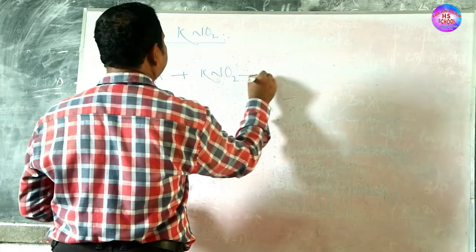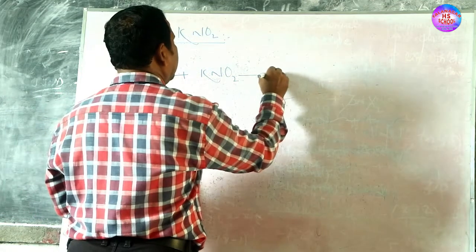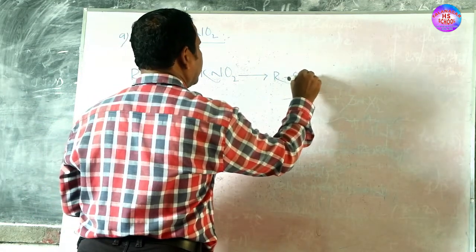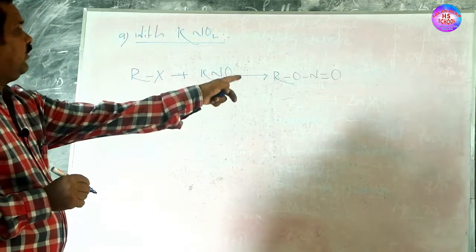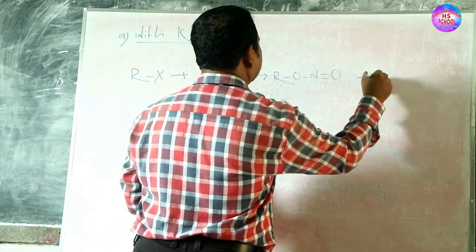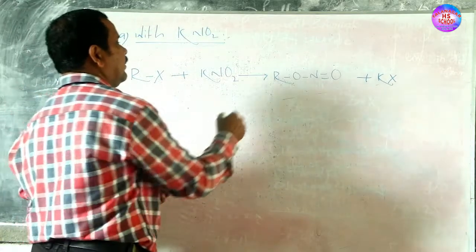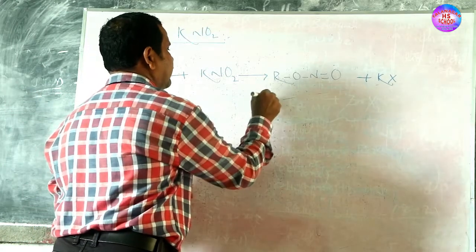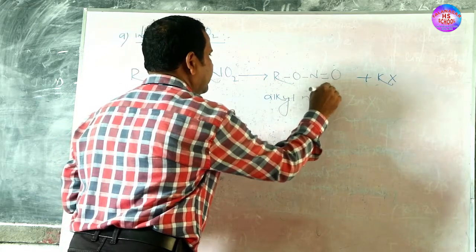So what happens? R–O–N=O, RONO, plus KX. It is called alkyl nitrite.